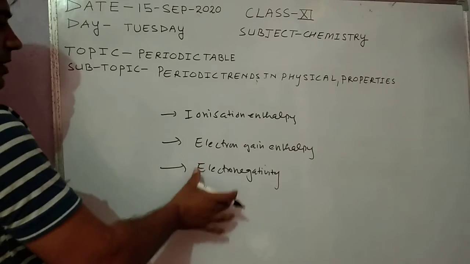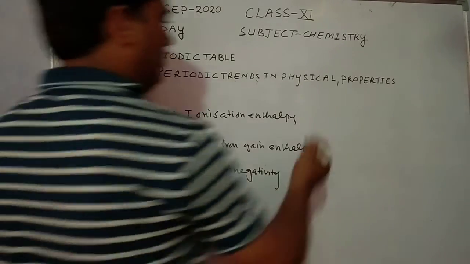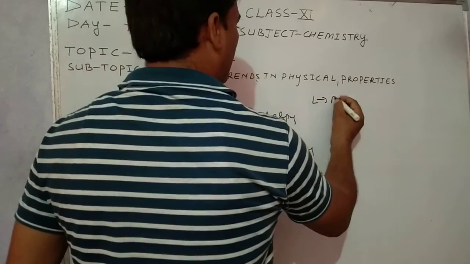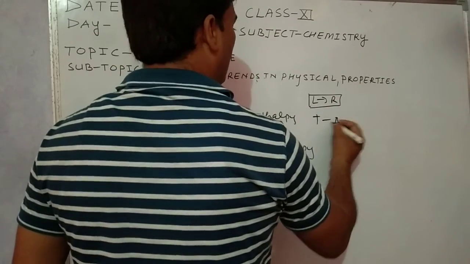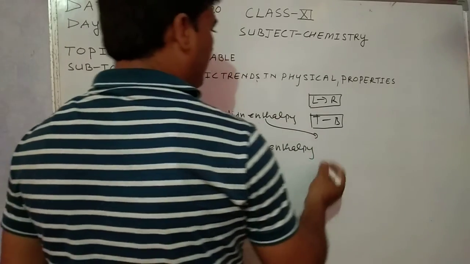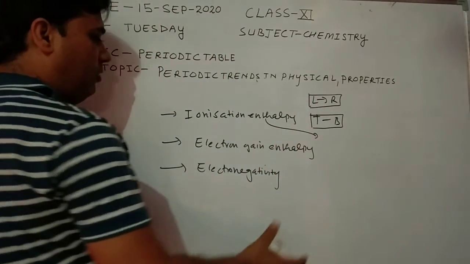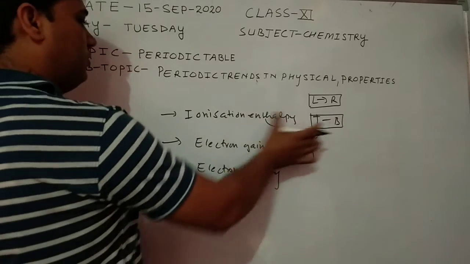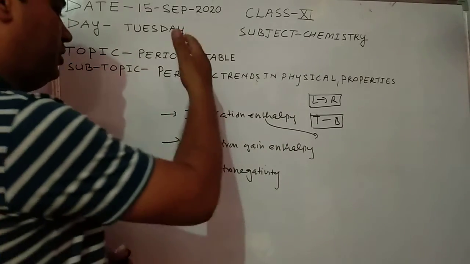After the discussion of these points, I will discuss the trend: left to right, what is the atomic size, and top to bottom, what is the atomic or ionic size; ionization enthalpy, left to right what will happen, and top to bottom what will happen; electron gain enthalpy, left to right what will happen; and electronegativity, left to right what will happen, and top to bottom.